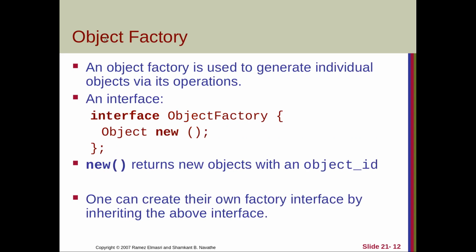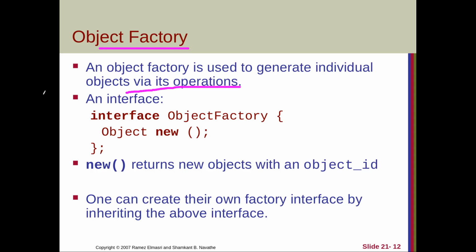Now similarly, we have a concept called object factory, which is also present in the object data management group model. An object factory is used to generate individual objects using its operation. That means separate, individual objects can be created by using an object factory, which is a built-in interface that is already available.